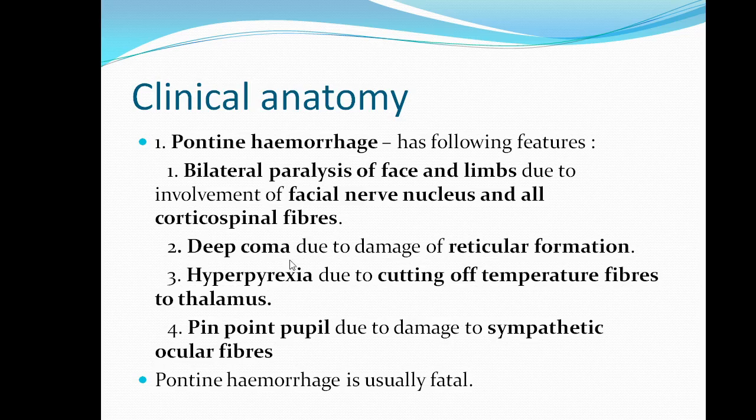There is deep coma due to the damage of reticular formation. There is hyperpyrexia due to the cutting of the temperature fibers of the thalamus. There is pinpoint pupil due to the damage of sympathetic ocular fibers. This pontine hemorrhage is usually fatal.